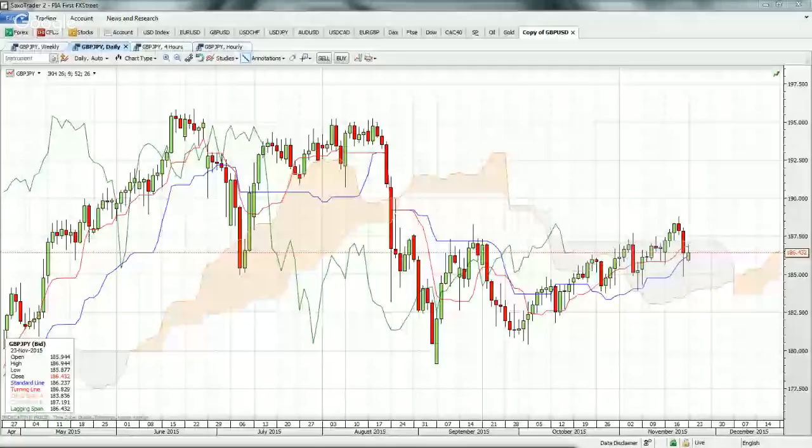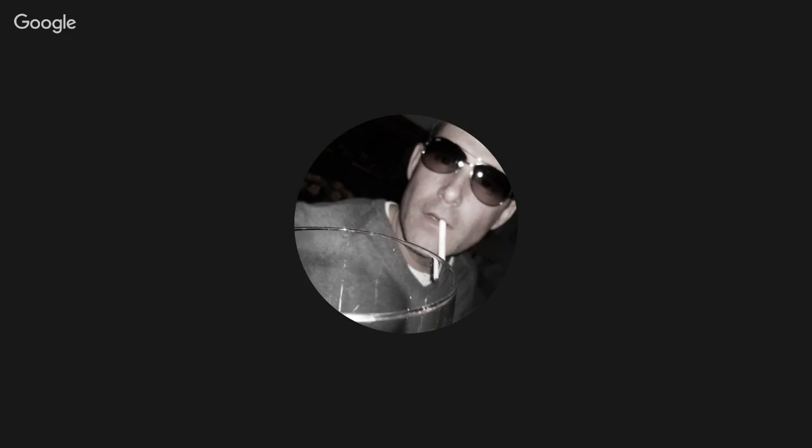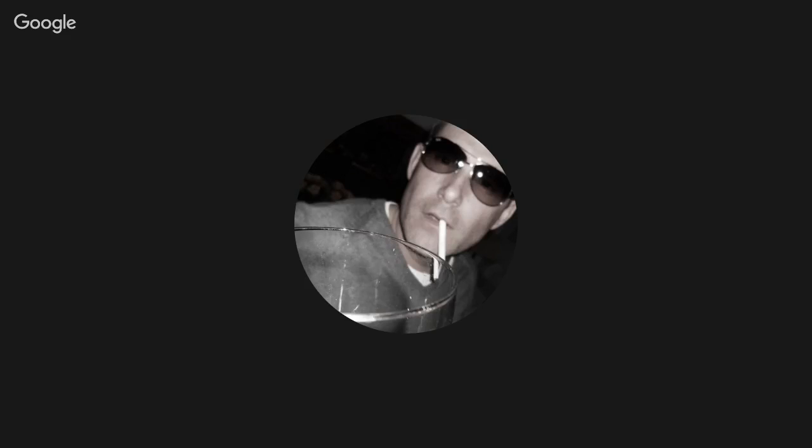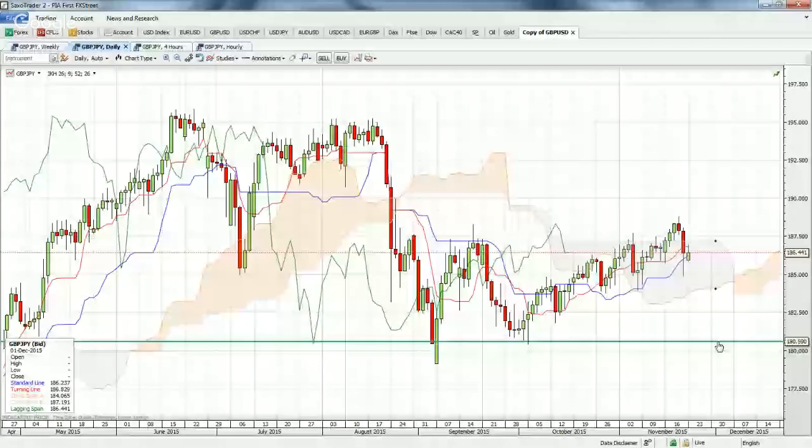So that's false data on that candle there, which would make my analysis go out the window basically. Well, not out the window, but wouldn't be as accurate.